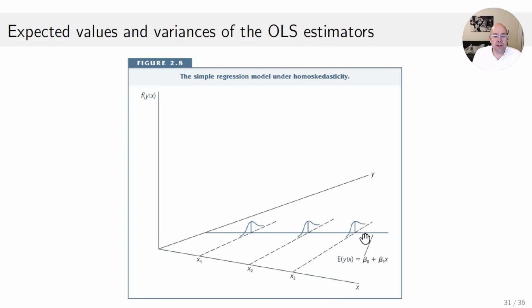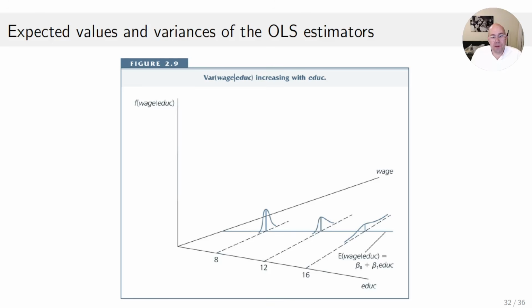So by means of the fourth assumption, the mean has to lie on that line here, of course. The shape of the distribution in principle does not have to be exactly the same, but what needs to be the same is the variance of u given x, or equivalently, as we just saw, the variance of y given x.